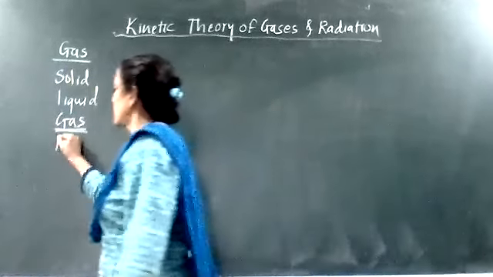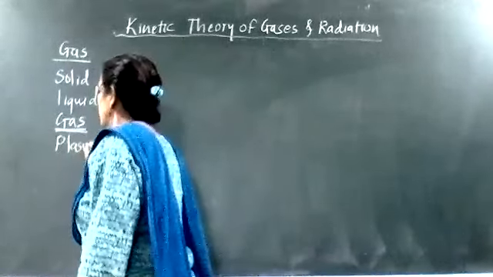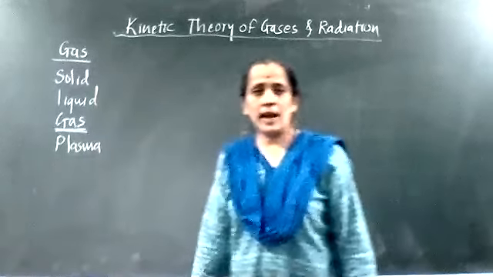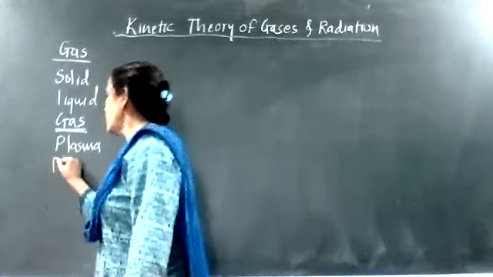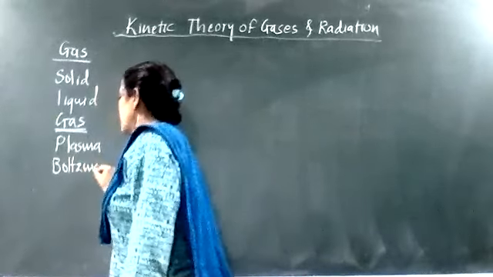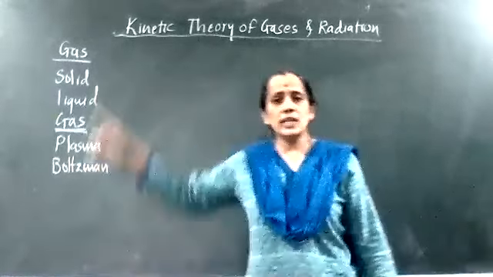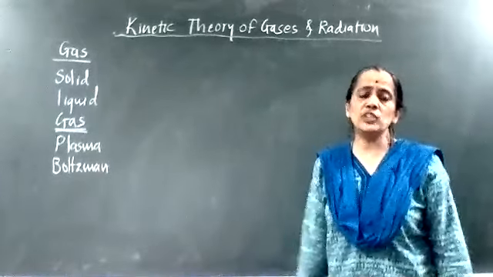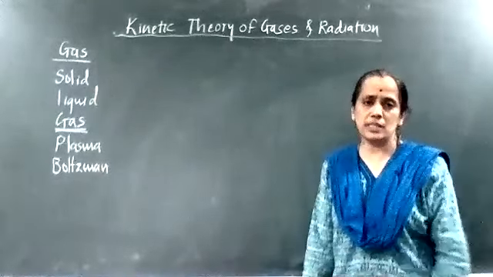The fourth state is plasma, and the fifth state is Boltzmann. So these are the five states of matter discovered up till now.